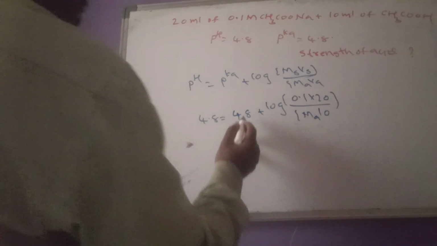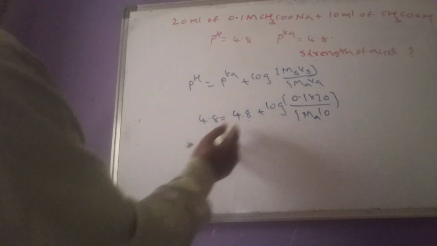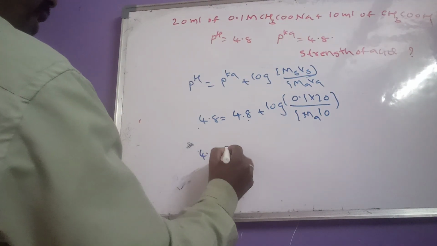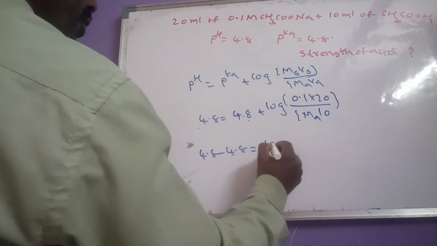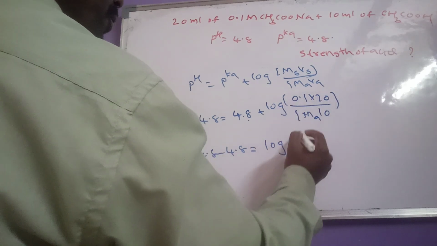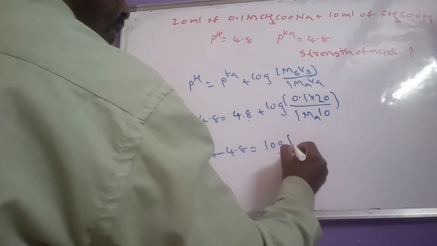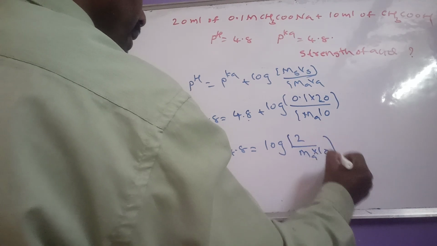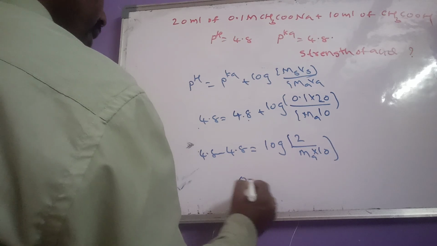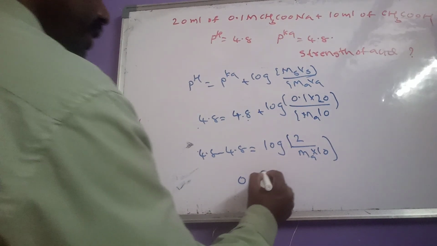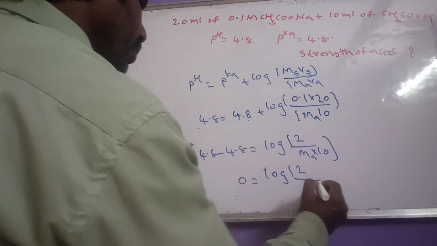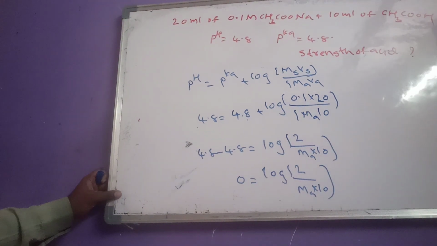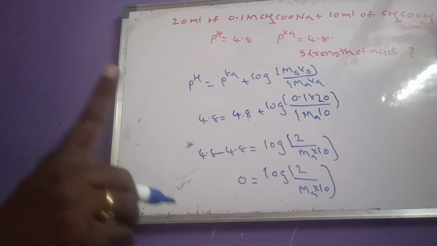10 ml. 4.8 and 4.8 will get cancelled, that means we get 4.8 minus 4.8 equals log 0.1 into 20, which means 2, divided by Ma into 10. Therefore this is 0. Now 0 equals log 2 by Ma into 10. 0 in logarithm language we can write as log 1.